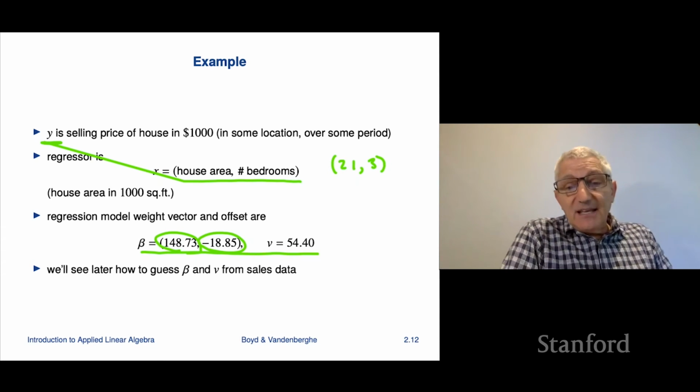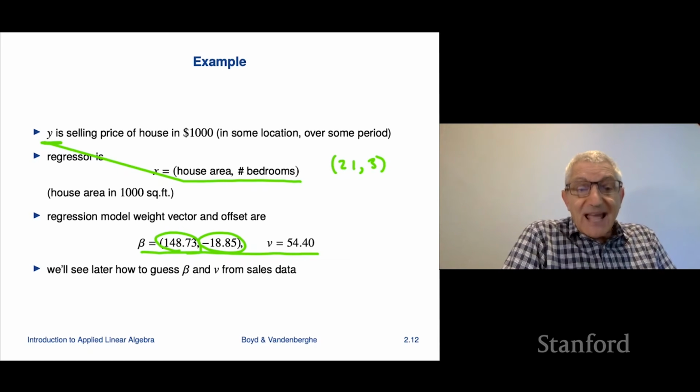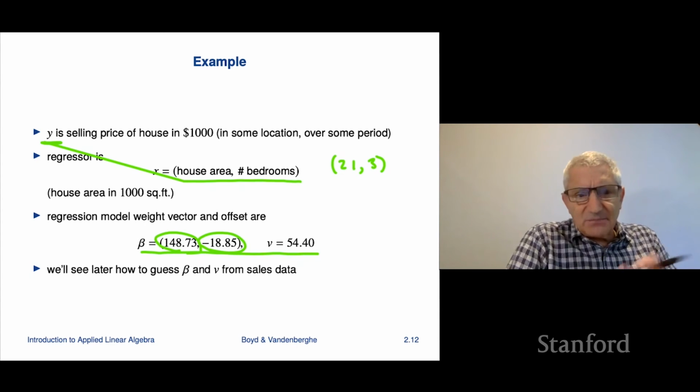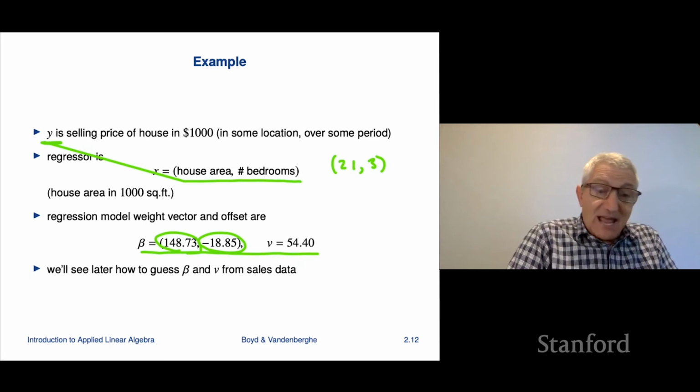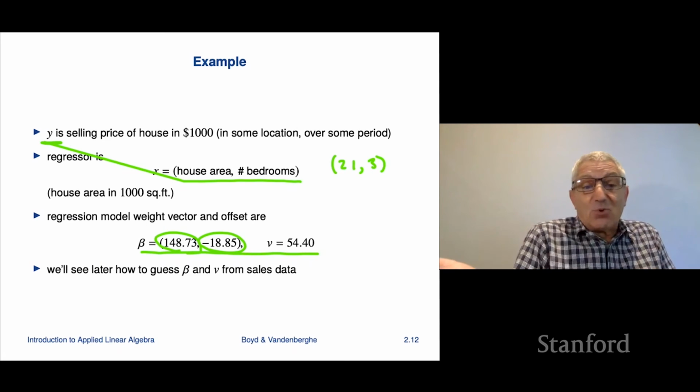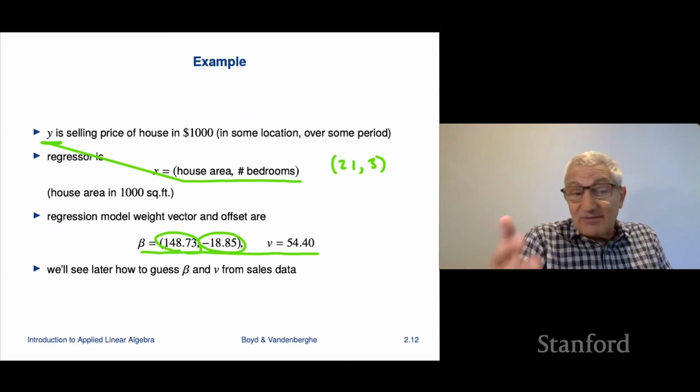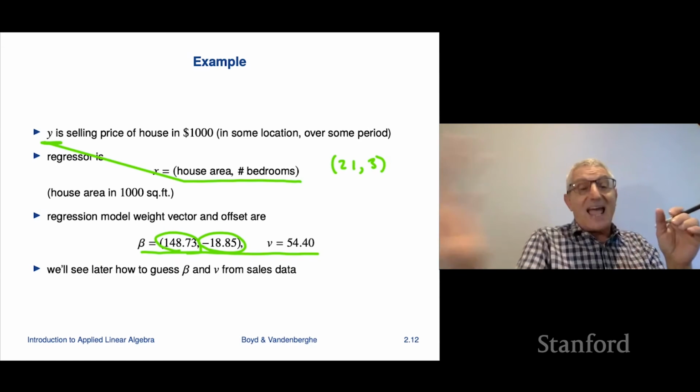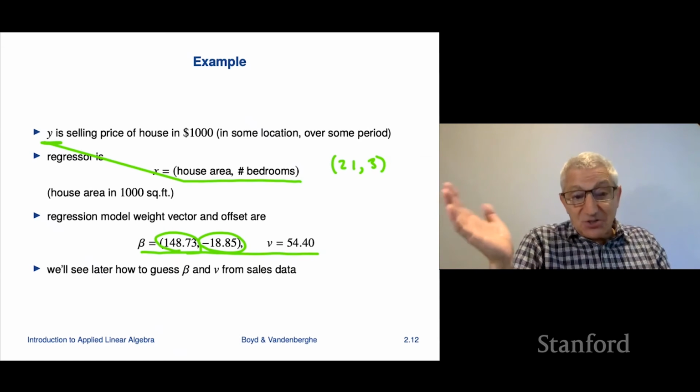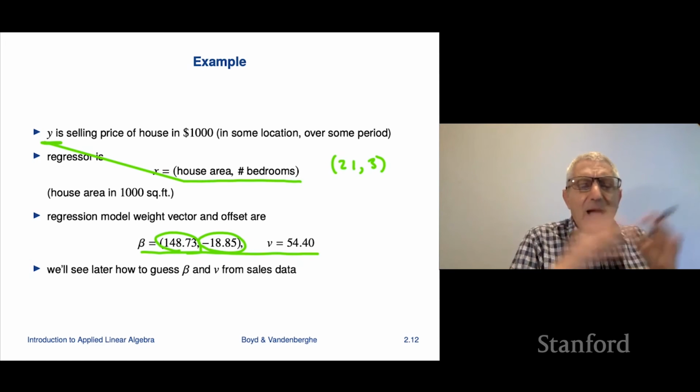This says that if the number of bedrooms goes up, but the house area stays the same, then in fact the price, our prediction of the price, goes down a little bit. And you could chalk this up, or if someone asked you why, you could say, I don't know, maybe it's more crowded or cramped, right? If you have a 1,200 square foot house and I add another bedroom, yeah, it's too cramped or something like that. I'm just making this up.